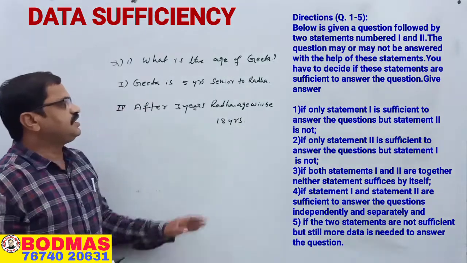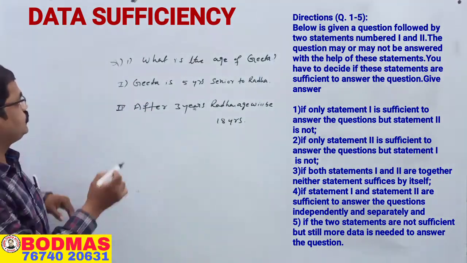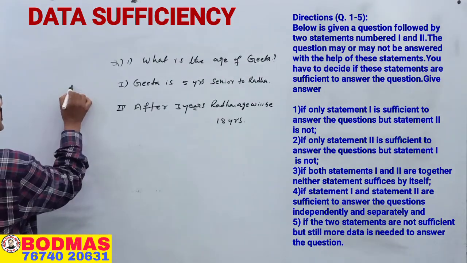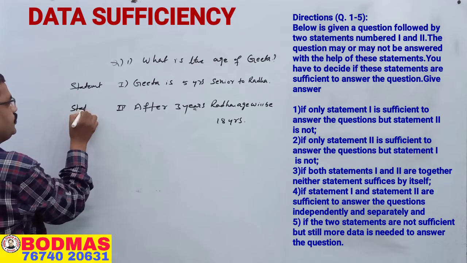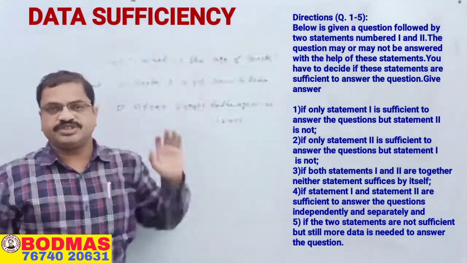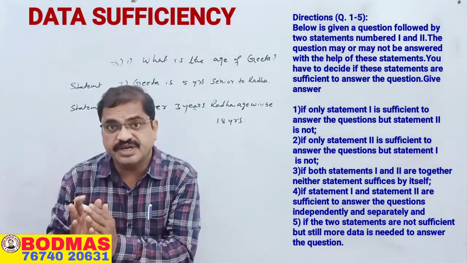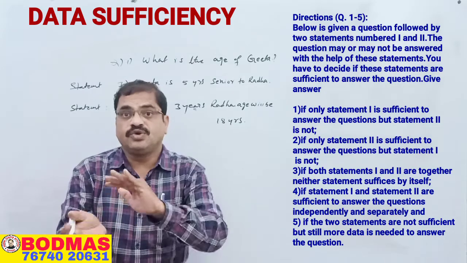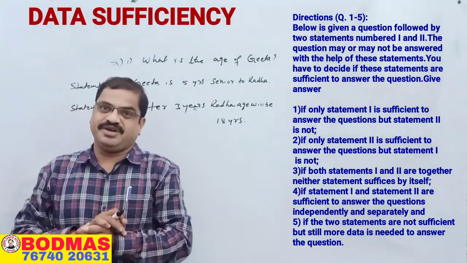So this is statement 1, this is statement 2, this is the question. For the question, with the first statement we are getting, or only the second statement, or together, independently we are getting, or not getting. That is the main important thing here.